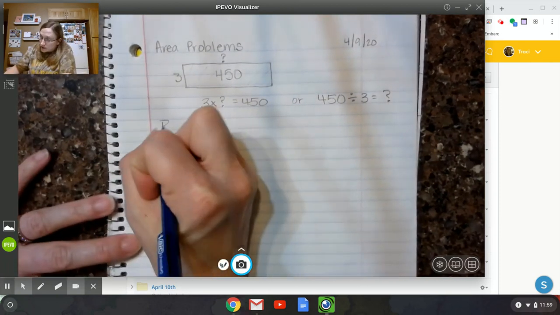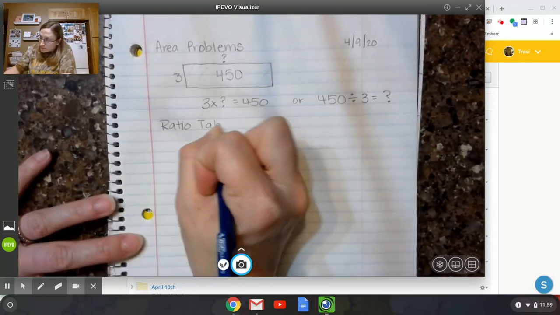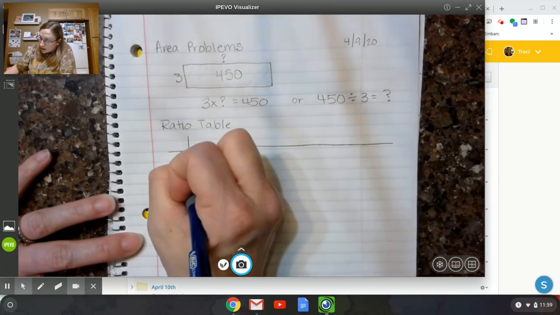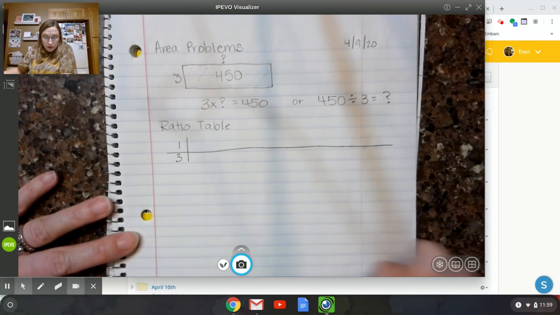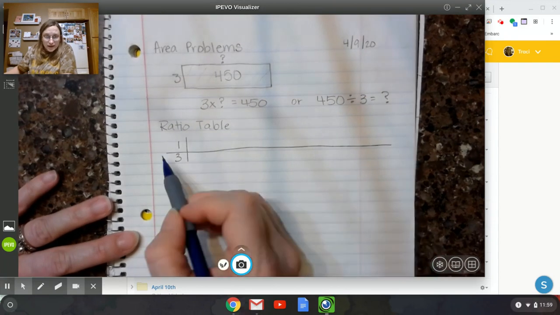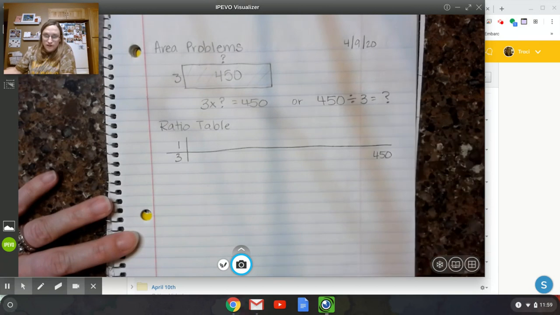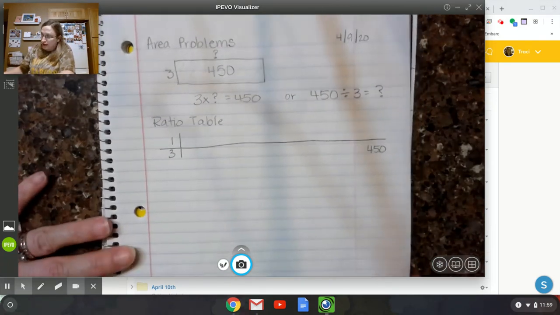Now, I said we were going to show you 3 different ways. I could use a ratio table. Now, I know the short side is 3. So I know I could count by 3s. 1 group is 3. 2 groups is 6. But I have to get all the way to 450. So I'm not sure if skip counting by 3 is going to be my best strategy here.